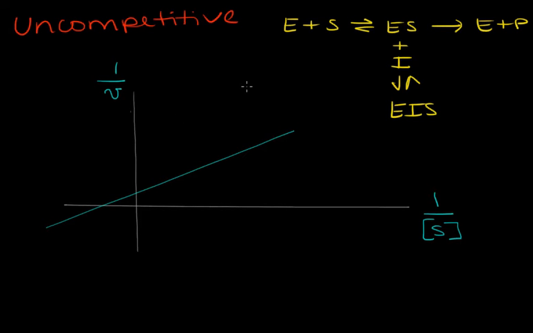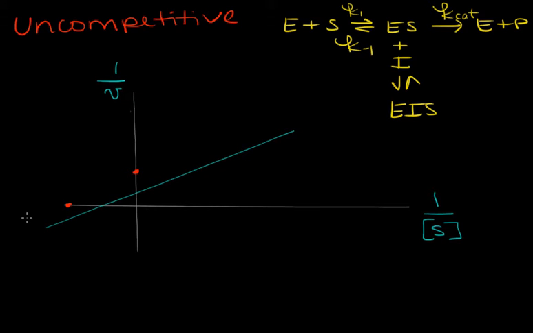So, because the inhibitor is binding here, you can imagine it has an effect on K1, K-1, and K-cat. And you're absolutely going to love what happens here. It makes the resulting Lineweaver-Burke a parallel line.